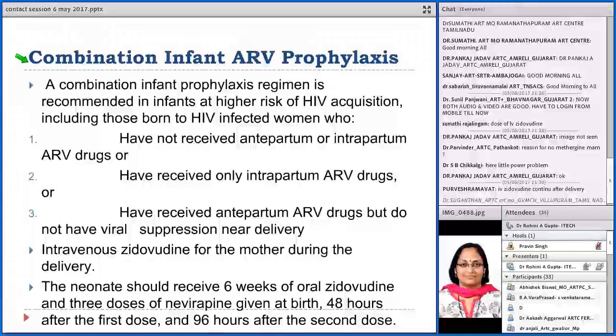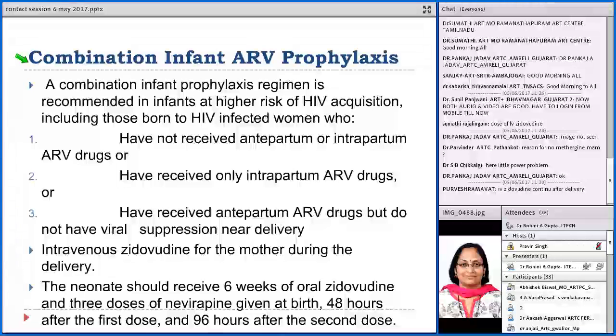When are the indications for a combination infant ARV prophylaxis? The combination infant prophylaxis regimen is recommended in mothers who have not received any antepartum or intrapartum ARV drugs, that is, comes in labor and is diagnosed as infected; has received only ARV drugs like IV zidovudine during the delivery time; and third, has received antepartum ARV drugs but has not shown viral suppression near delivery.